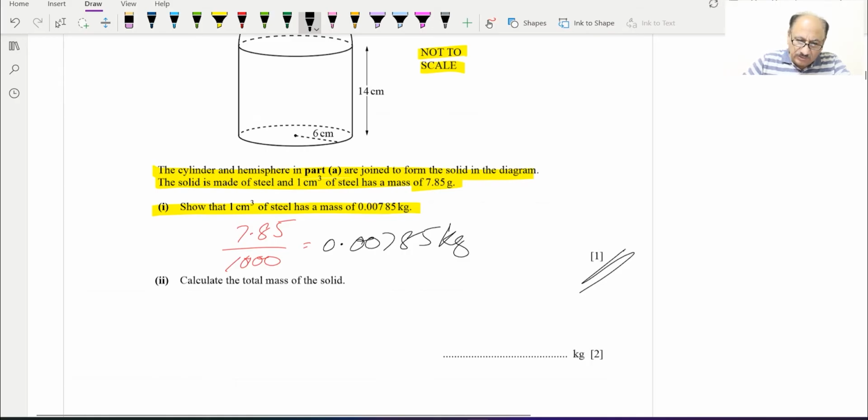So this is in kilograms, and then they are asking us to calculate the total mass of the solid.